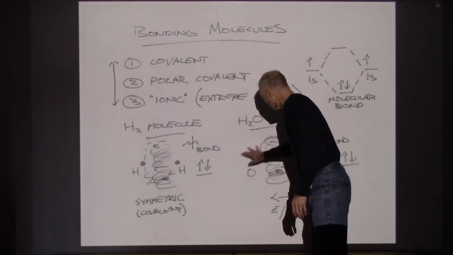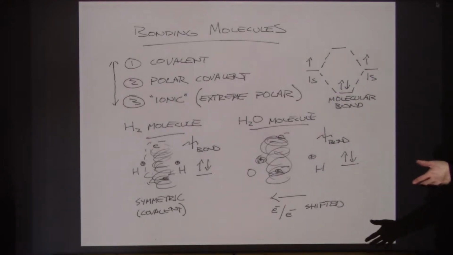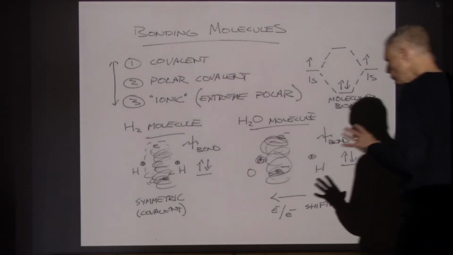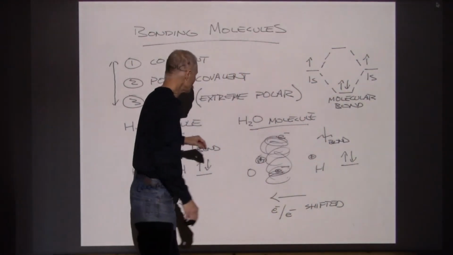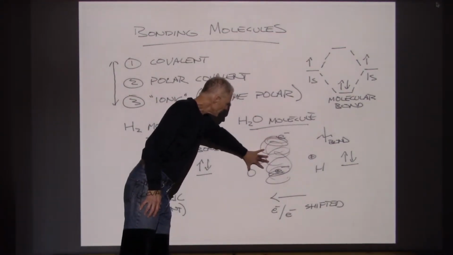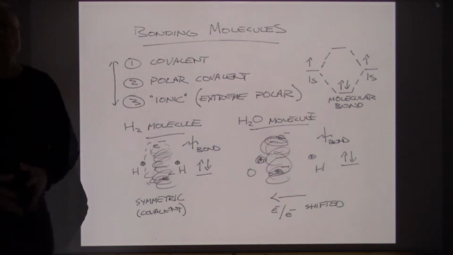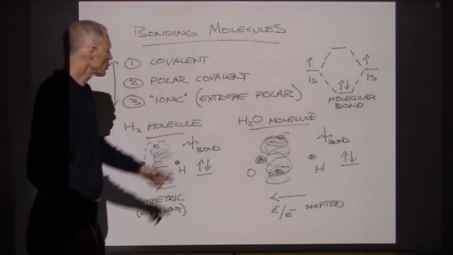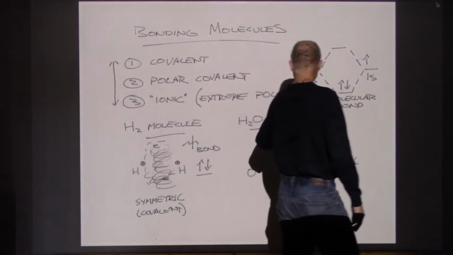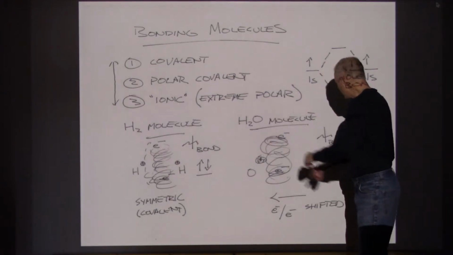It turns out that oxygen, because of the pattern of the other electrons, is actually able to draw electrons closer in. The pattern of electrons that exists in oxygen enables an additional pair of electrons to come very close to the oxygen nucleus, and that lowers the overall potential energy. So this is what's called a polar covalent bond. This bond is not completely symmetric.